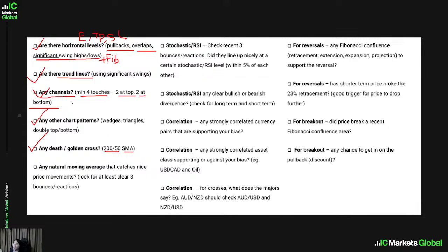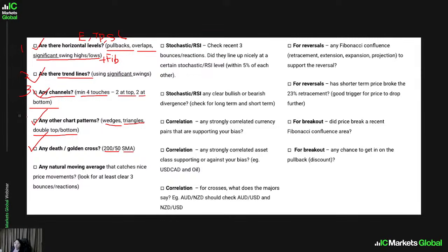When I say chart patterns, I mean wedges, triangles, double tops, double bottoms, teacup pattern. What's that called, the one that looks like a butterfly? I can't remember what it's called right now, but these are the patterns you want to identify on top of these three.